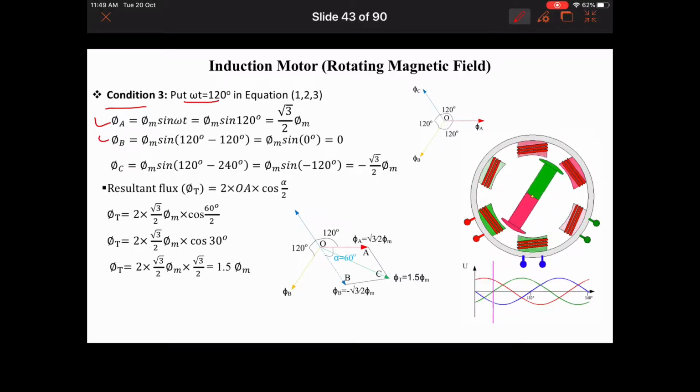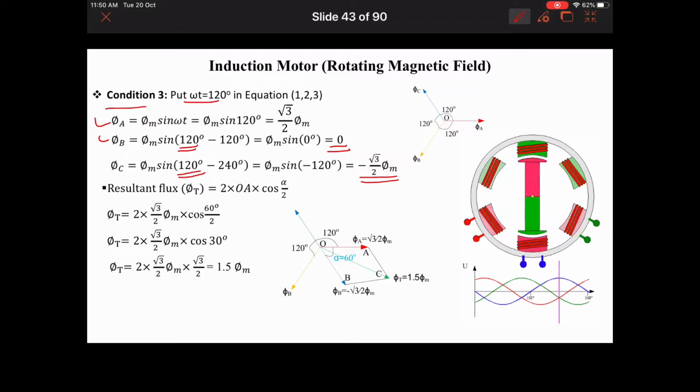Phi b is equal to phi m sin (omega t minus 120 degree), and we have substituted the value of omega t, that is 120 degree. So phi b is equal to phi m sin 0 degree, which is 0. Phi c is equal to phi m sin (120 degree minus 240 degree), where 120 degree is the value of omega t. So phi c is equal to phi m sin minus 120 degree, which is minus root 3 by 2 phi m.